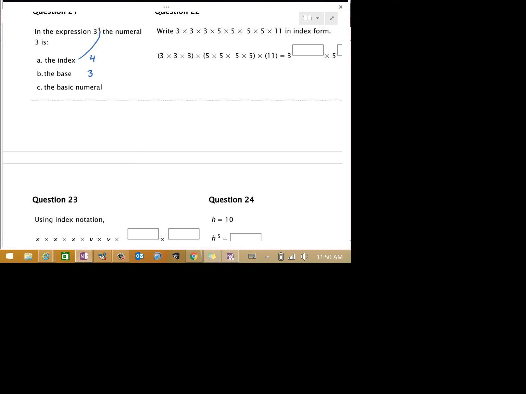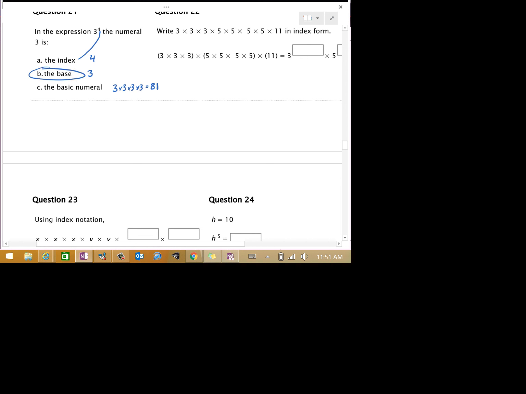What is that? 3 times 3 times 3 times 3, which is equal to 81. I thought it was just saying the numeral 3 is... Yes, so the numeral 3 is the base.